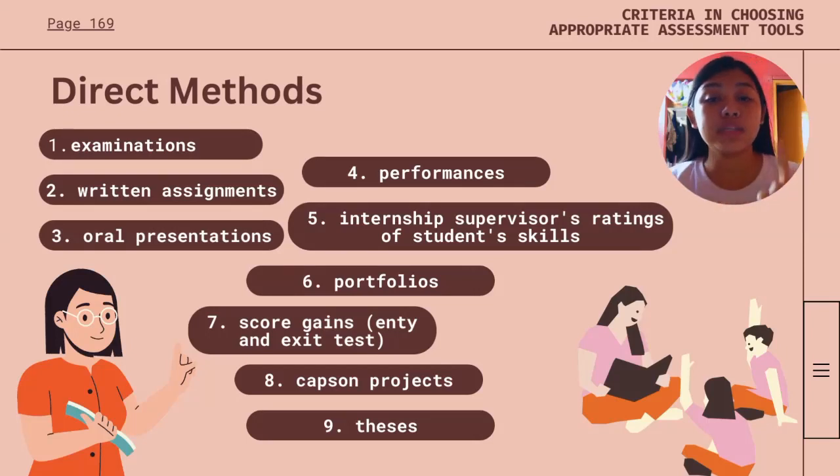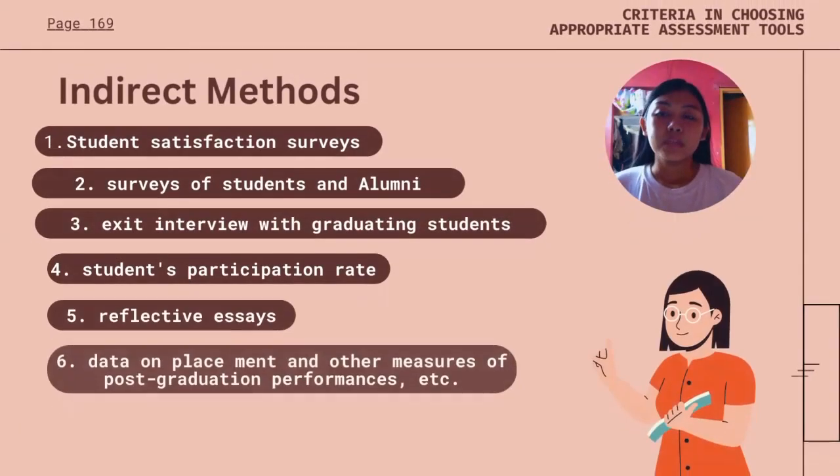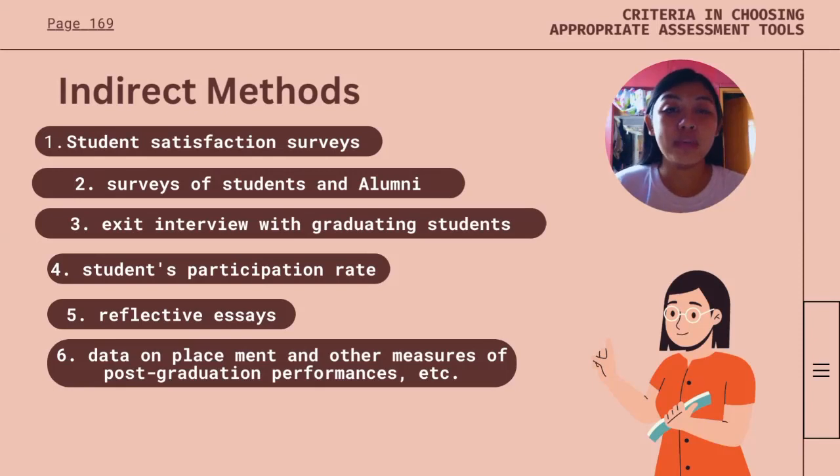The first one is examinations, second one is written assignments, the third one is oral presentations, the fourth one is performances, the fifth one is internship supervisors' rating of student skills, the sixth one is portfolios, the seventh one is pre and post gains, the entry and the exit tests, and the eighth one is capstone projects, the ninth one is thesis, and many more.